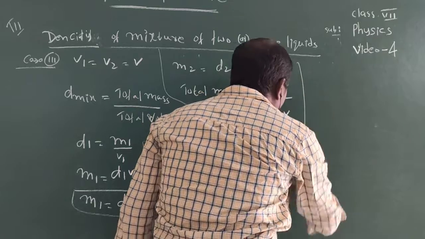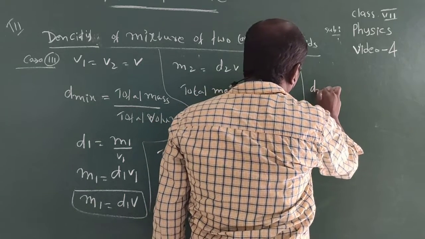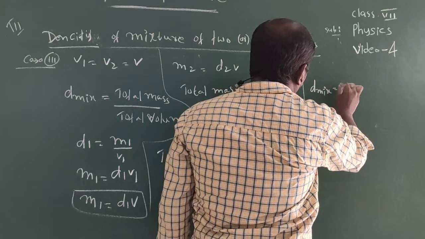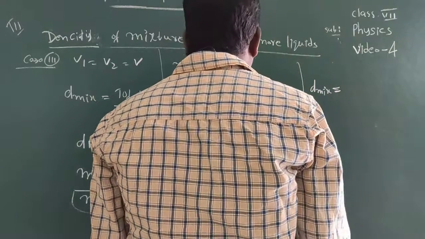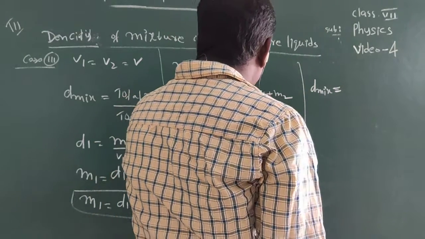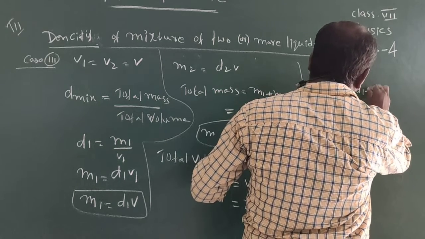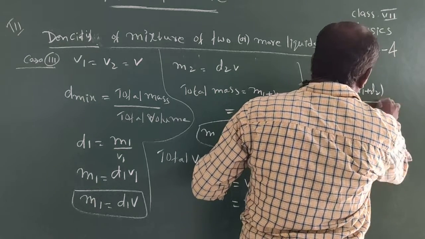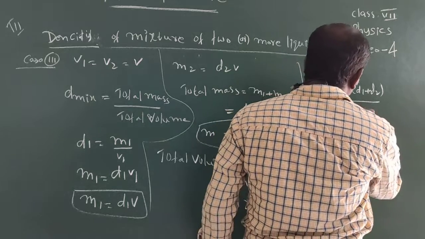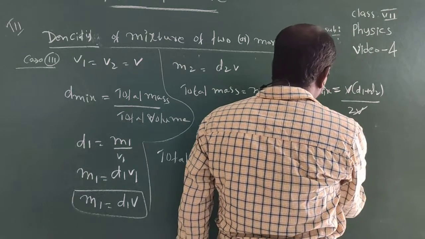Now density of the mixture is total mass by total volume. Total mass is v into d1 plus d2, by total volume 2v. So your v will get cancelled.